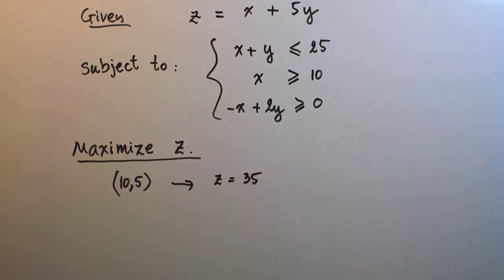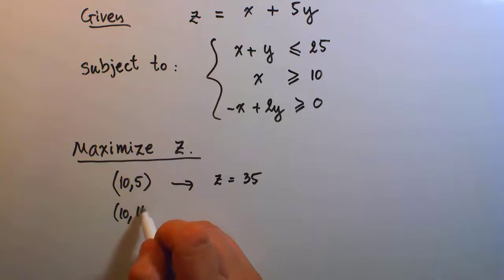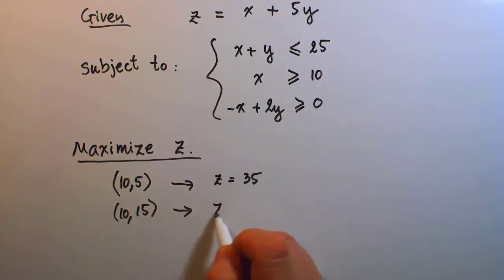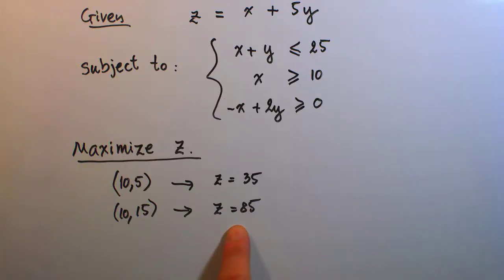So now we're just simply going to make a list right here. When x equals 10 and y equals 15, we come up with a z value being 85. And so you can already see that the z value rises higher when our corner point changes from 10, 5 to 10, 15.